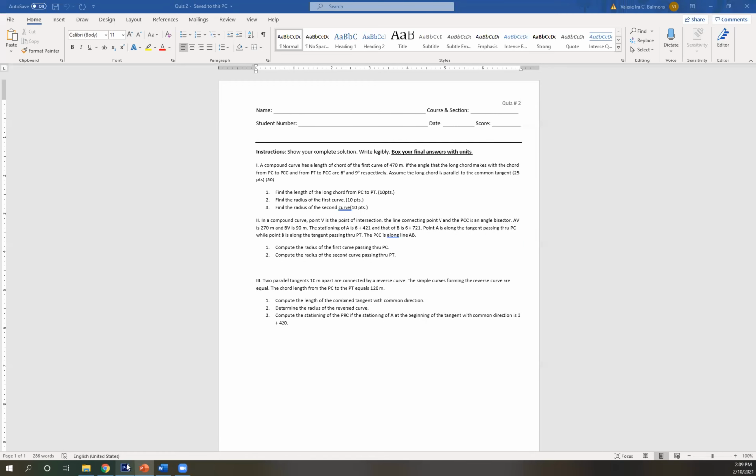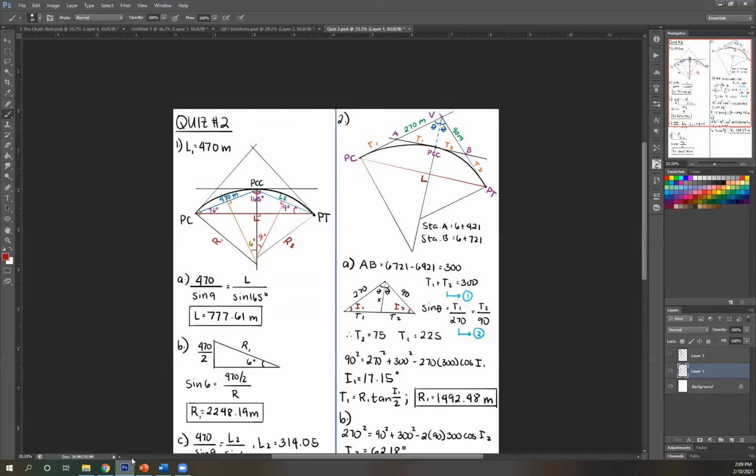Next, point A is along the tangent passing through PC, and B is through PT. So apparently A and B are not your PC and PT yet. And then look at the last sentence. PCC is along the line AB. So connect your line AB, and that is where your PCC lies, somewhere there.